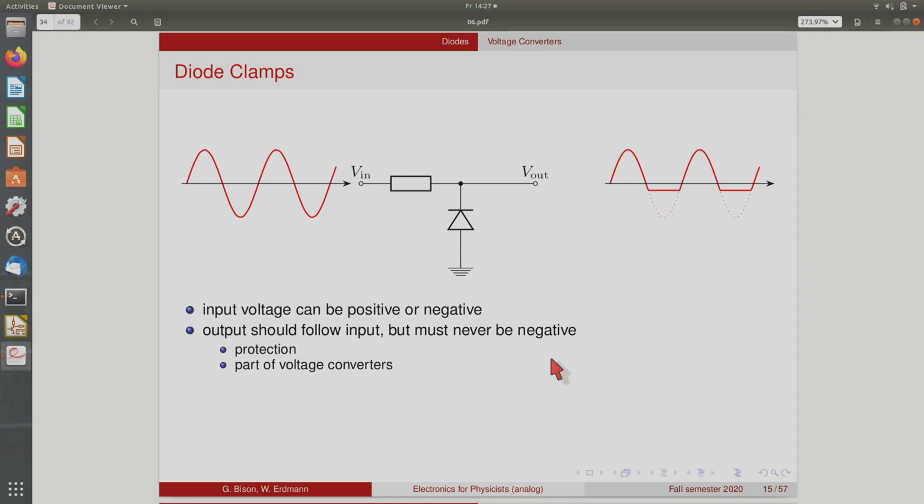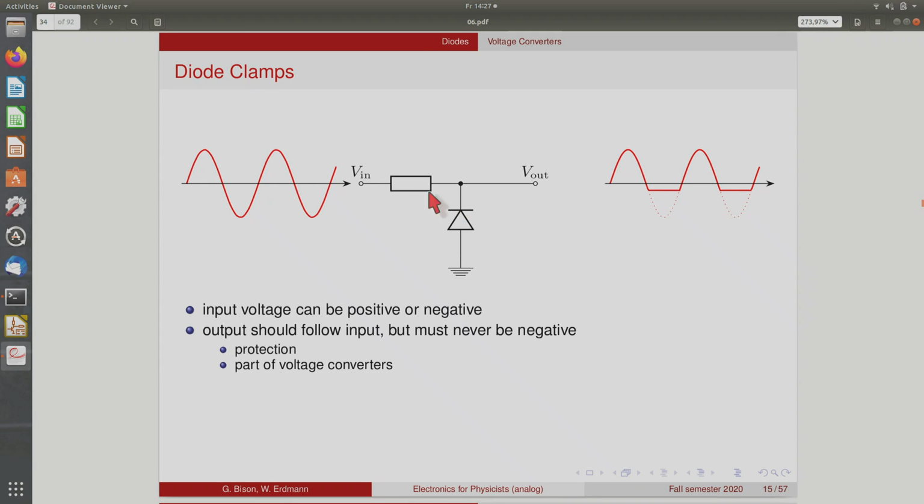Another application are so-called clamps. Now we have the diode connected to ground, but in the blocking direction, and we look at what happens. So now we have the voltage here that changes polarity. It sends a current through this resistor to your load, but the point here can only be positive.